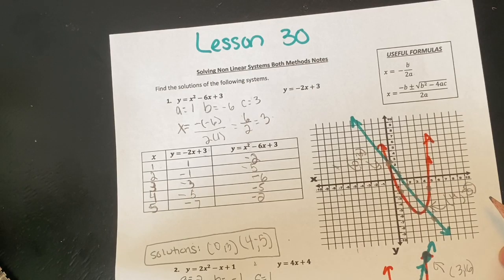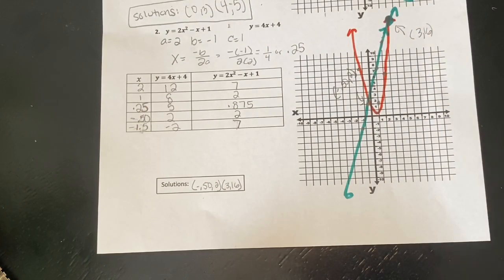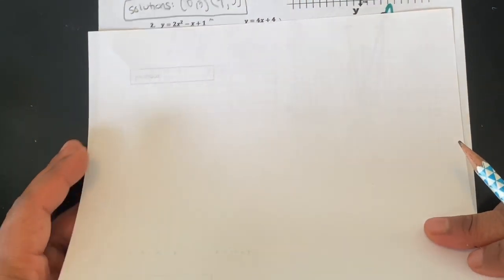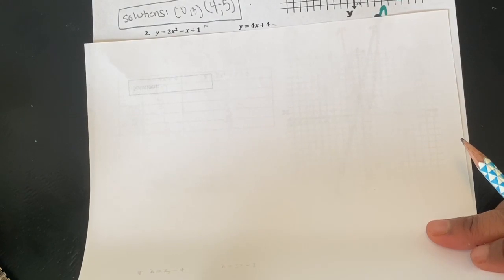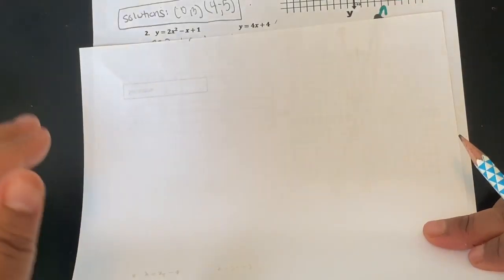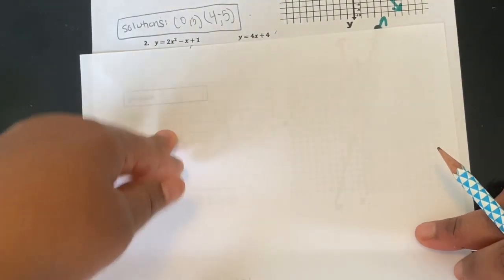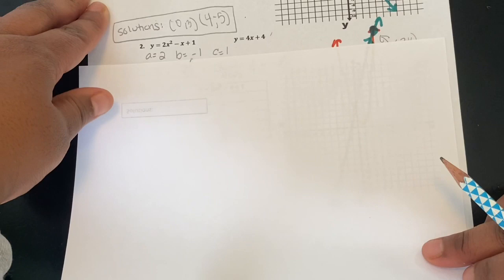We're going to do the same thing again with the next one, the same steps. Step 1, I have y equals 2x squared minus x plus 1, and then y equals 4x plus 4. First thing I did was I identified my a, b, and c.